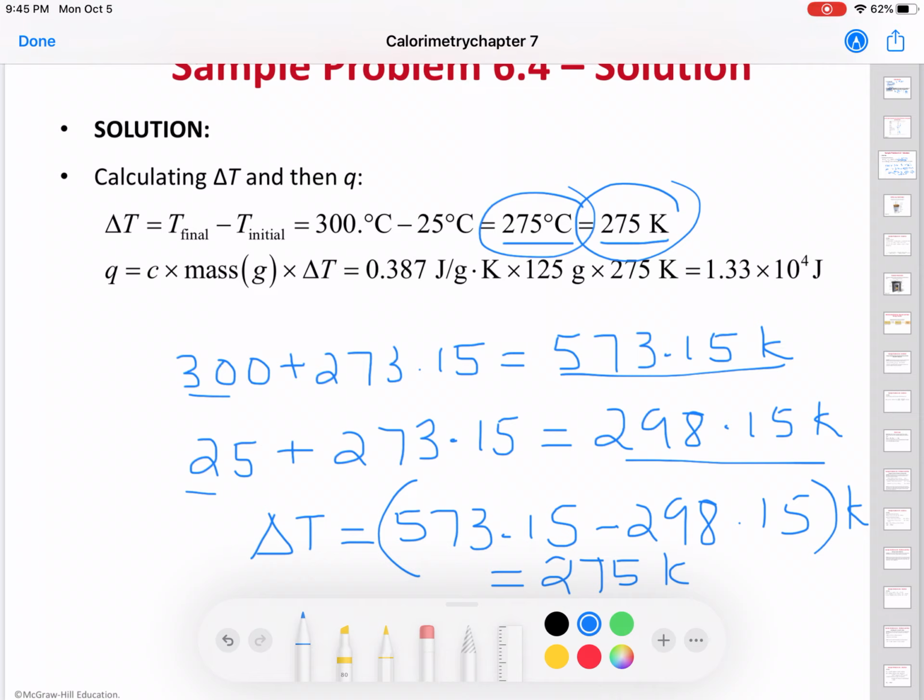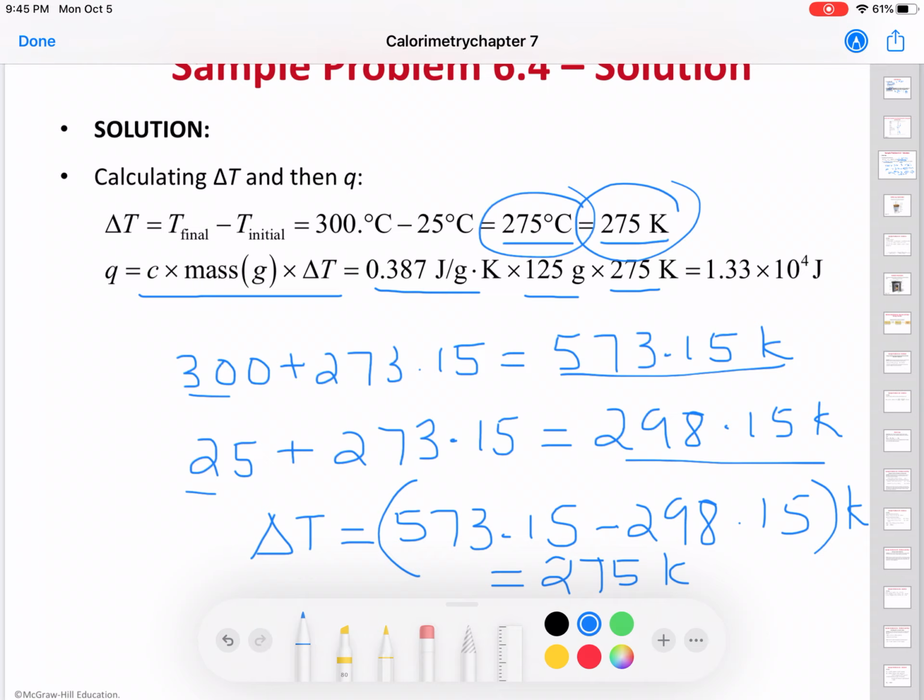Okay, so then we can calculate the heat required to raise the temperature from 25 to 300 using Q equals c m delta T. Specific heat capacity is given, joules per gram per Kelvin, and then the mass is 125 from the given question, and then the delta T is 275.